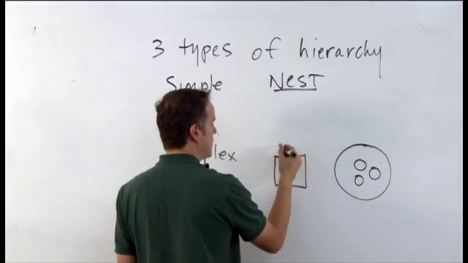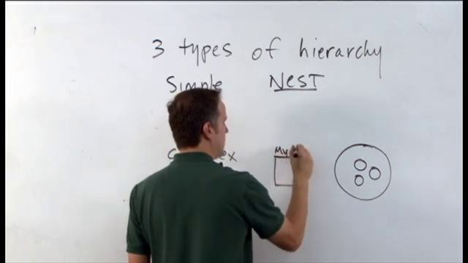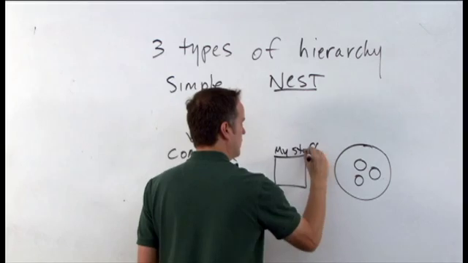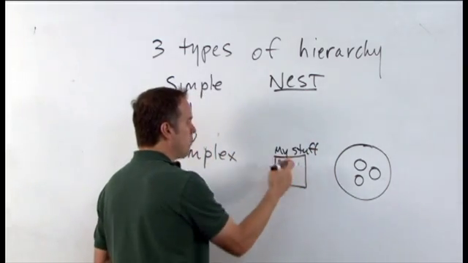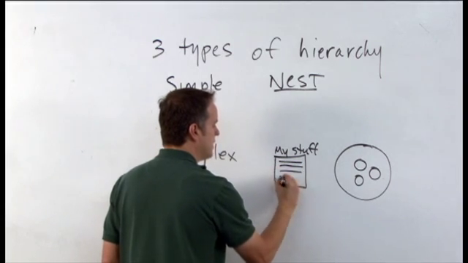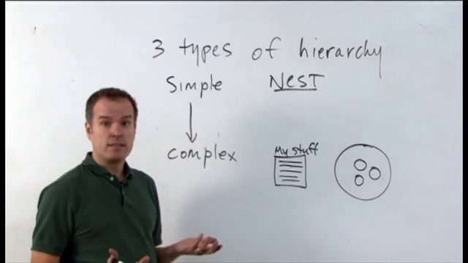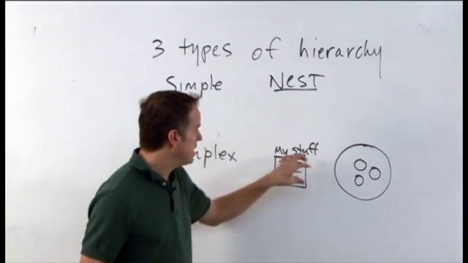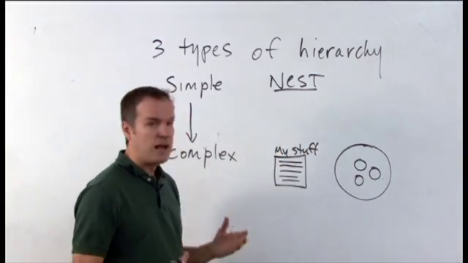So if we have an element, my stuff, on a page, it's got a title, we've put a block border around it, and then we include some data inside. That block border is a form of a nest. It's meant to literally nest the data inside the larger wrapping element.